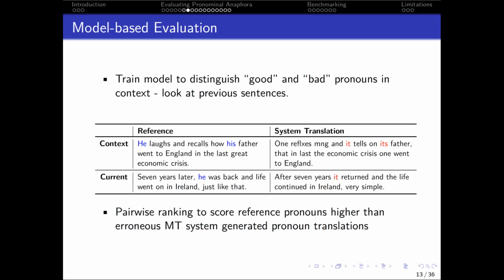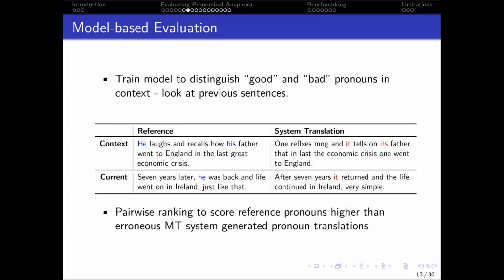Here's an example of some translations from the reference and the system. We have the previous sentence context and the current sentence. If we look at the reference, there's a nice co-reference chain that all agrees with each other: he laughs and recalls how his father and so on, and 7 years later, he was back. So there is a co-reference chain here from the previous sentence to the current one. If we look at the system translation, there is also a co-reference chain there, although it's completely wrong.